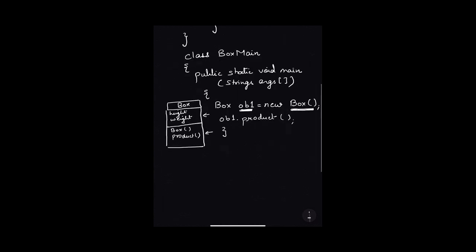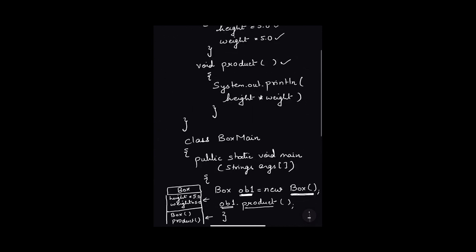So in this object, I am assigning the value of 5.0 to height and 5.0 to weight. Then when I'm calling this method product from the object, since product is available to this object, it will be accessed using the dot operator. The result would be, it will print the value of height into weight.